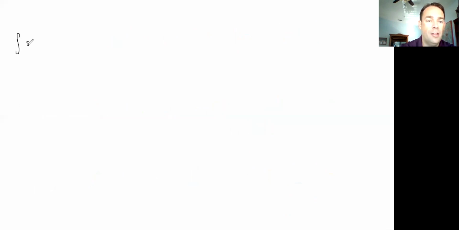So we have sine. Let's try this one. I'll throw a couple of these up here for you. We'll make this 0 to pi over 2. And let's do secant squared, pi over 6.